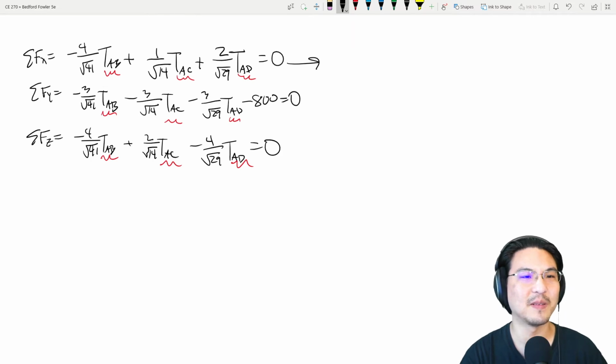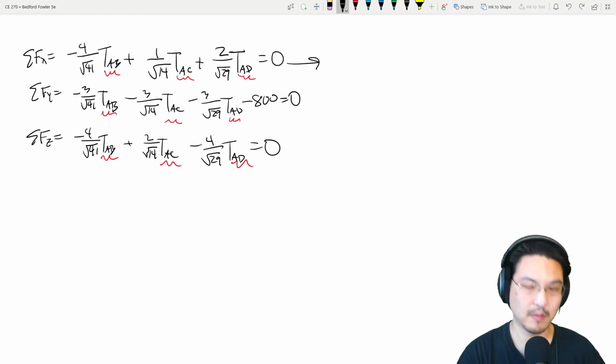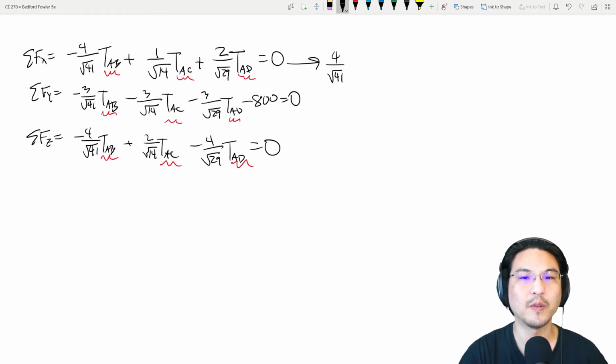Okay, so let me just move this on this side of the equation. 4 over root 41, TAB, and then this side of the equation, TAC and TAD.